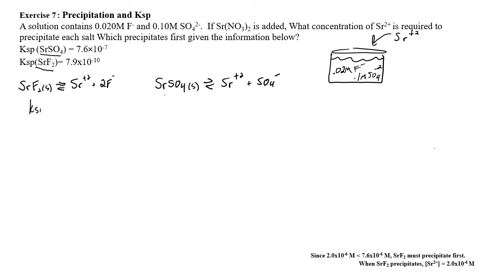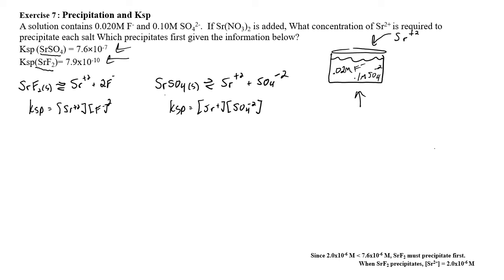The KSP expression for each of these: we have our strontium, we have fluoride, here's our strontium, and the sulfate concentration. All right, so the given information here, the KSP values, and the given concentrations are going to allow us to plug numbers into the KSP expressions and solve for the strontium ion concentration.